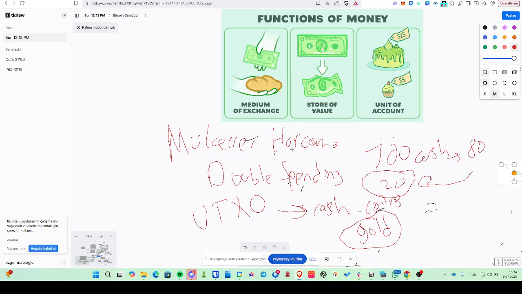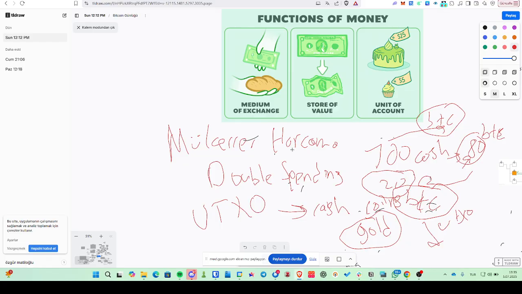We can consider UTXO as consensus as well. So we send 100 BTC whole, then he takes this 80 BTC, and he sends us back 20 BTC as return, and this one is UTXO. Then we are going to make other transactions with them.